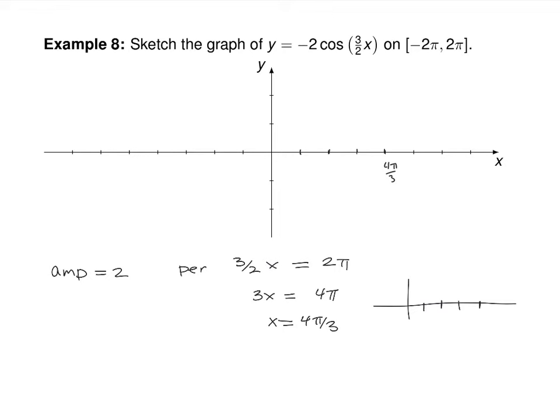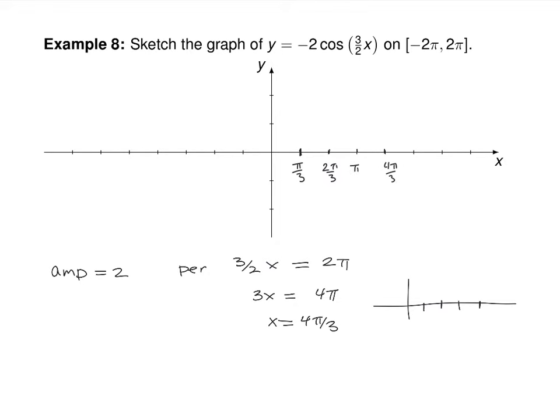What is half of 4 pi thirds? 2 pi thirds. So here's 2 pi thirds. What's this first tick mark right there? Half of 2 thirds would be a third, yep. And then what's halfway between 2 thirds and 4 thirds? 3 thirds or pi.